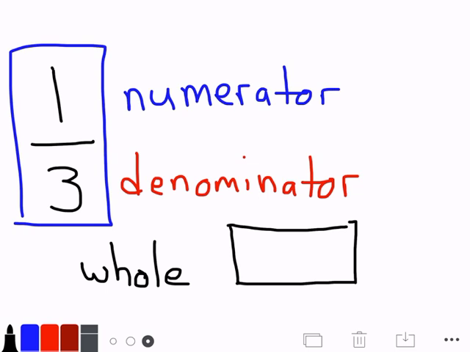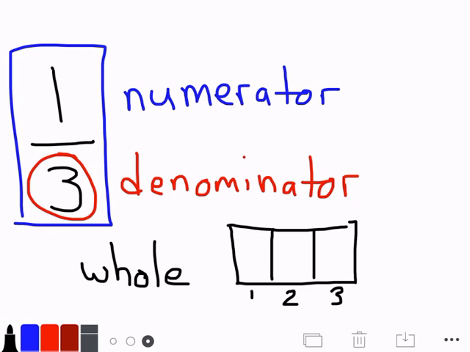So when you look at a fraction, the denominator number down here, a 3, tells you how many equal pieces you need in your whole, or equal shares. So if my whole is this rectangle, I need to have 3 equal pieces. There would be my 3 equal pieces. Here's piece 1, here's piece 2, and here's piece 3. Now you notice all the pieces are the same size.